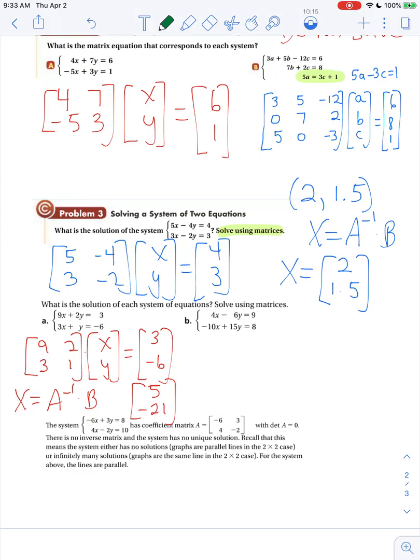So on part A, make sure you write the matrix equation, write x equals A inverse B, and then there's your answer. So what I have on this screen is the absolute minimum. Okay, this is the minimum.